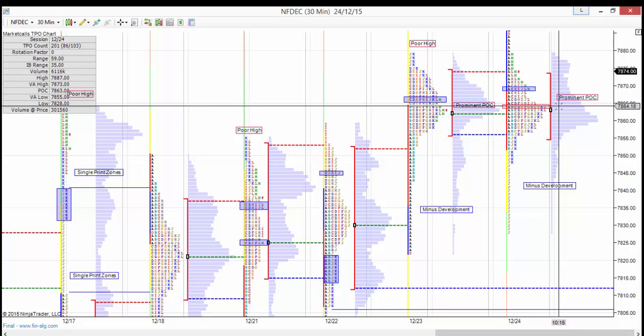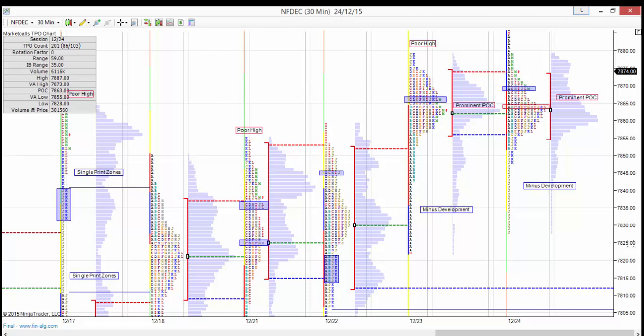So 7864 is a key reference level, and what else?